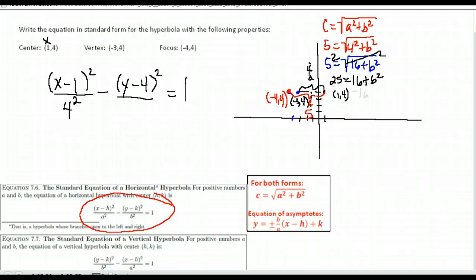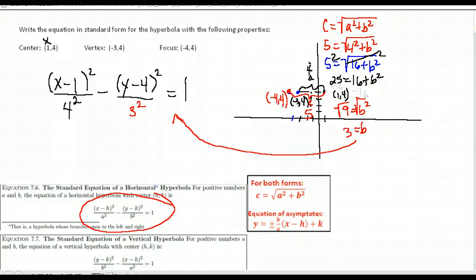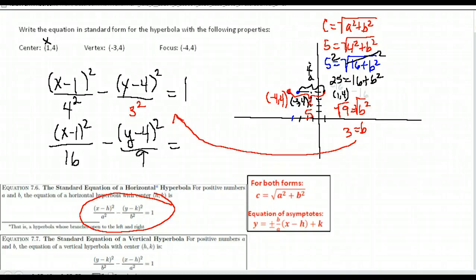Subtract 16 from both sides, and I'm left with 9. So I know 9 is equal to b squared. If I take the square root of both sides, I find that b is 3. And I can now finish the standard form of my equation. It is going to be (x minus 1) squared over 16 minus (y minus 4) squared over 9 equals 1. So there you go.